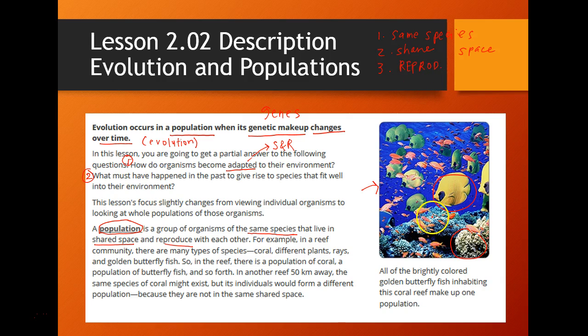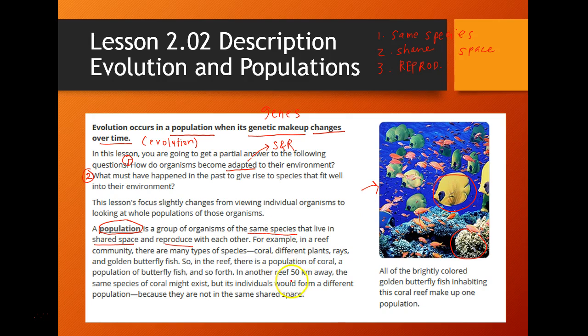And so the coral that we see right here is not the same population as the butterfly fish that we see right here. Okay, the reason why is because they're not the same species. So a population that we see in this picture, you could say, is the population of butterfly fish. All of the butterfly fish that reproduce with one another in this area would be part of the same population.